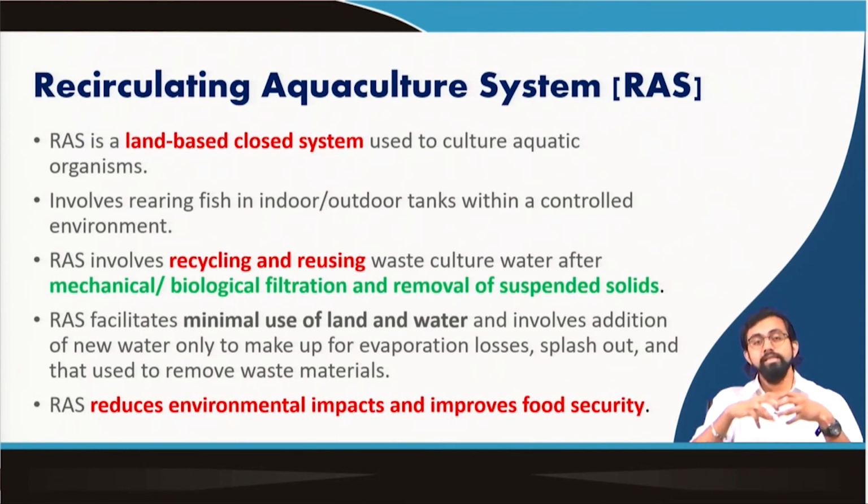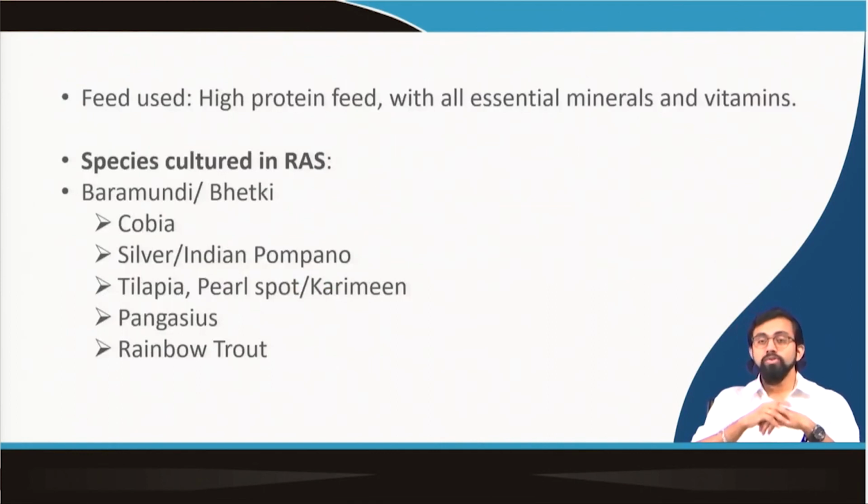In general, the recirculating aquaculture system reduces the environmental impact and improves food security. So how does it improve food security? Because we normally do intensive aquaculture in RS technology utilizing these RS units, it provides us an additional amount of production. Also, from the environmental point of view, there is less water use, and whatever effluent or pollutant is generated from the culture of the aquatic species is taken care of by the treatment unit itself.